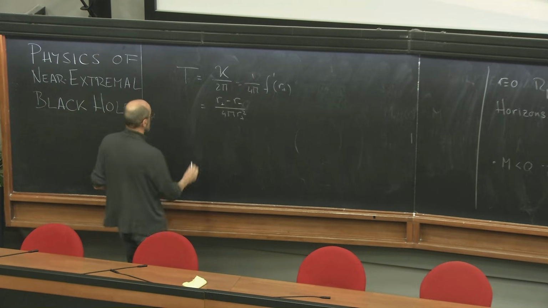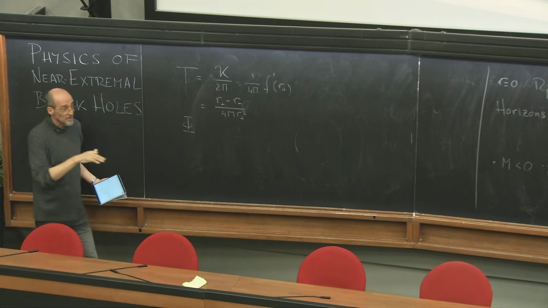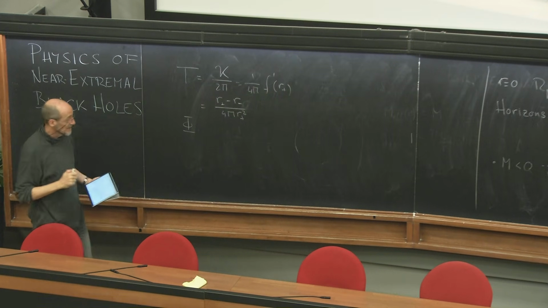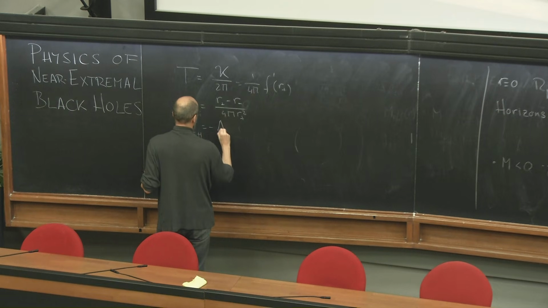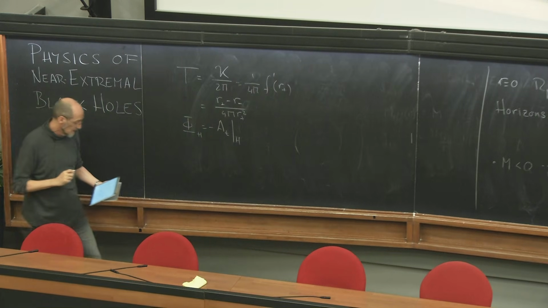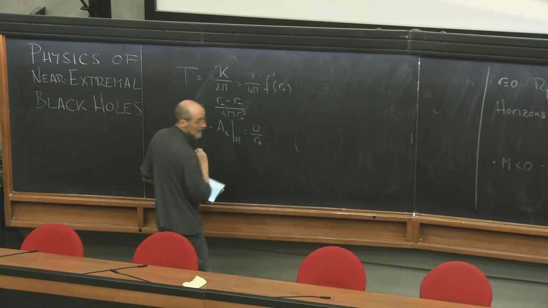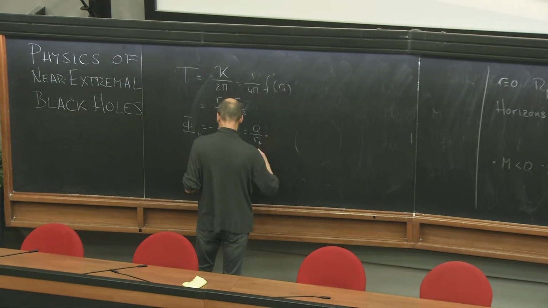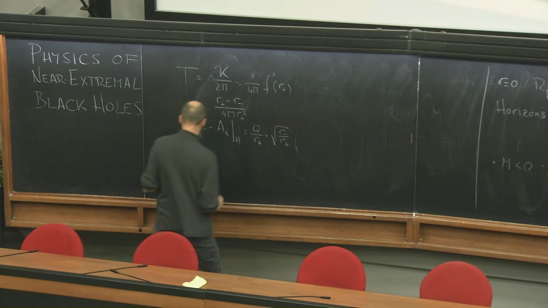Okay? We can also assign a potential. This phi now will be the potential. There's not enough phi's in the Greek alphabet. But this is the potential at the horizon. This is Q over r plus, which is the square root of r minus over r plus.